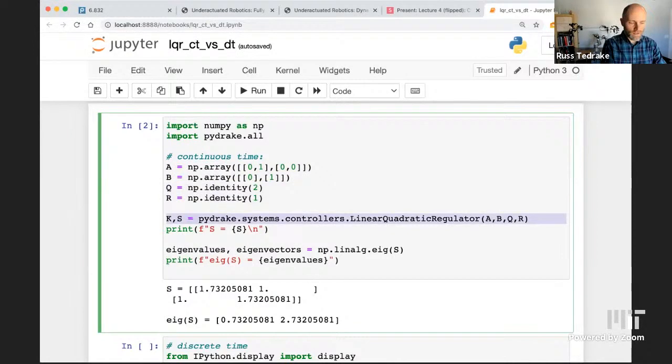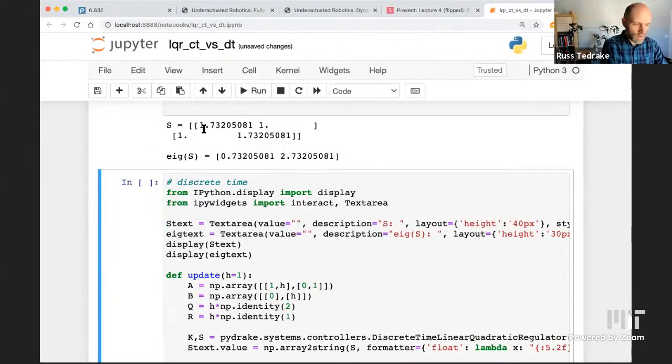As advertised, I can just call linear quadratic regulator and get back those K and S. Okay. I'll also plot the eigenvalues, to think about the magnitude of S. So when I run that, which I did, I get square root of 3, 1, 1, square root of 3. Everything's good. And the eigenvalues come out to that.